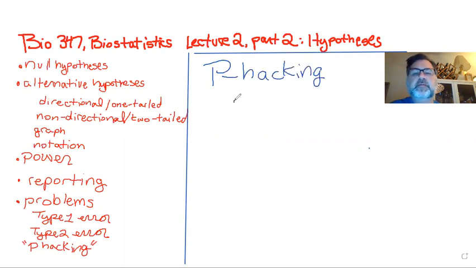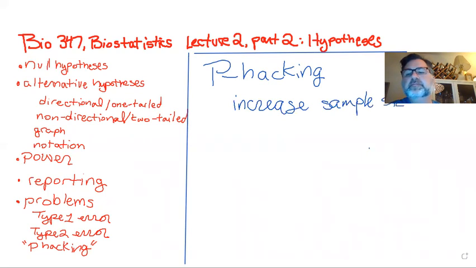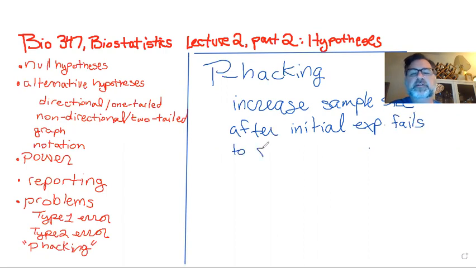What does it mean? It means you increase your sample size after an initial experiment. We can say fails to reject. So you repeat it with a larger sample size. That is unethical. Okay.